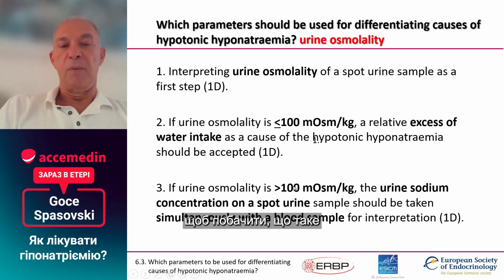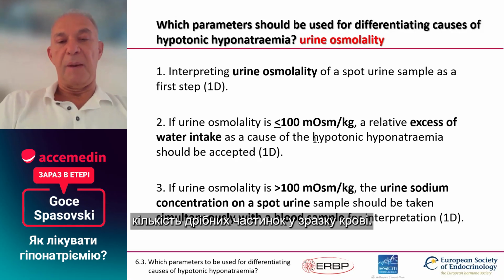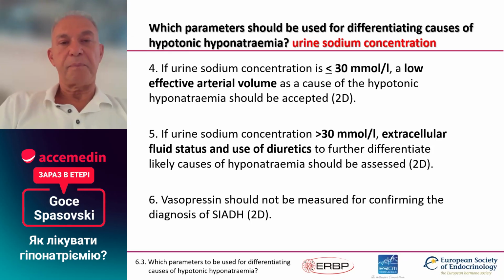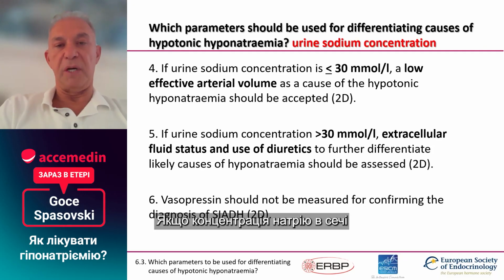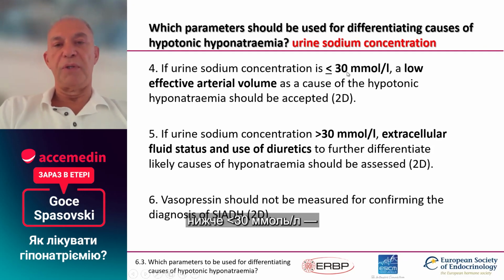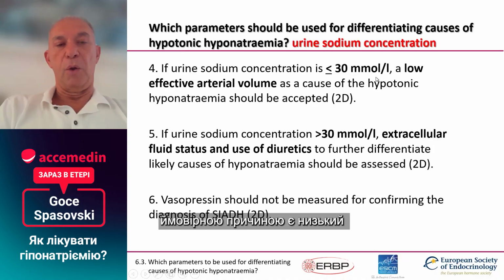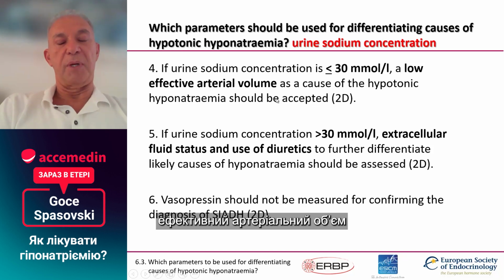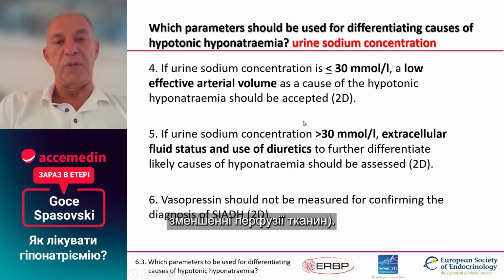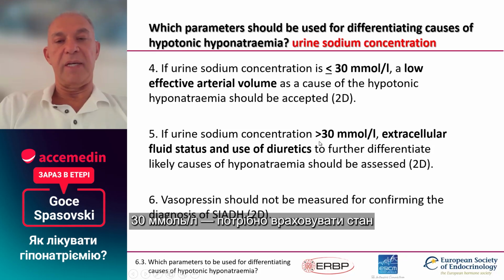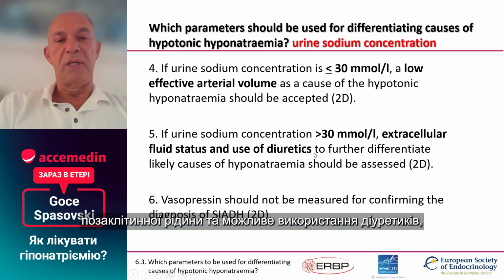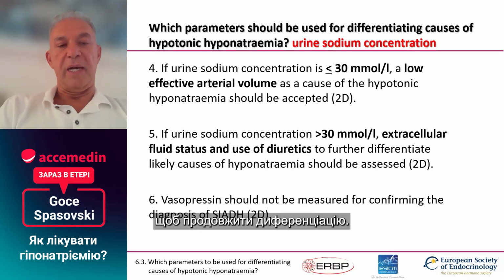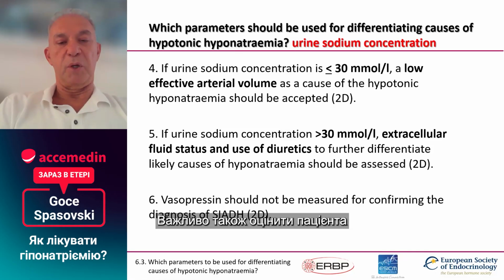If the urine sodium concentration is below 30 millimoles per liter, then a low effective arterial volume should be considered as a cause of the hypotonic hyponatremia. If the urine sodium concentration is above 30, then the extracellular fluid status and use of diuretics should be assessed for further differentiation.